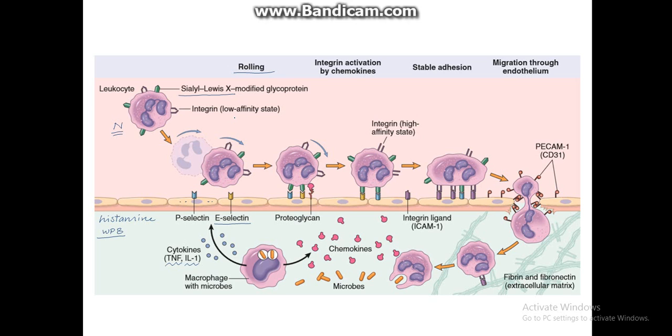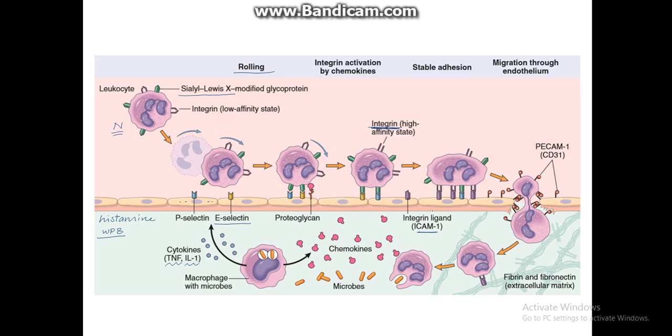Now, once the rolling occurs, we need to stabilize and adhere that leukocyte to the blood vessel. This process happens via the integrin pathway. What are integrins? Integrins are proteins that are found on the surface of the neutrophil, and they bind to things that are called cellular adhesion molecules, integrin cellular adhesion molecules.